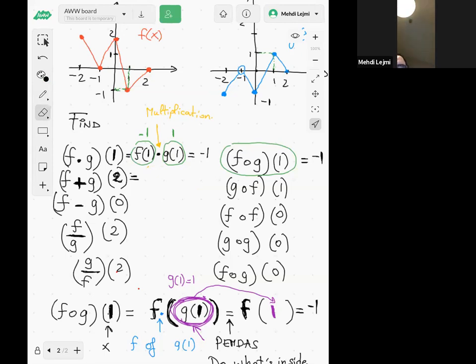I see Rabiul. Yes, yes, because f of 0... let me see what you are saying. f of 0 is undefined.